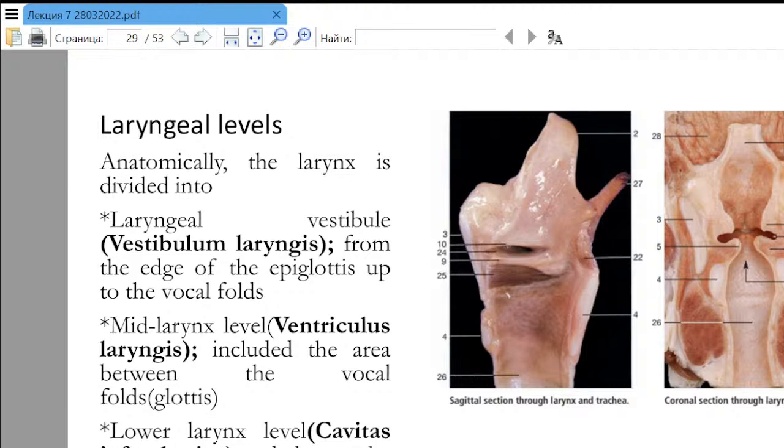What you see, ventriculus laryngis, vestibulum laryngis, and cavitas infraglottica. This is the superior horn of the thyroid cartilage.